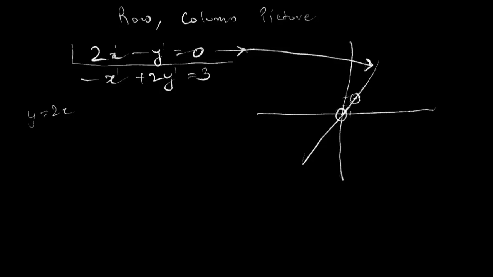The other line, minus x, so if we put minus 1 and if we put 2, then this point is there. If we put x equals 0, then y is 3.5. So this is another point, so it passes through this, right?